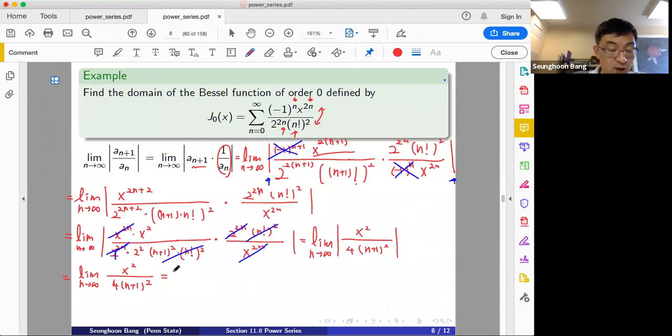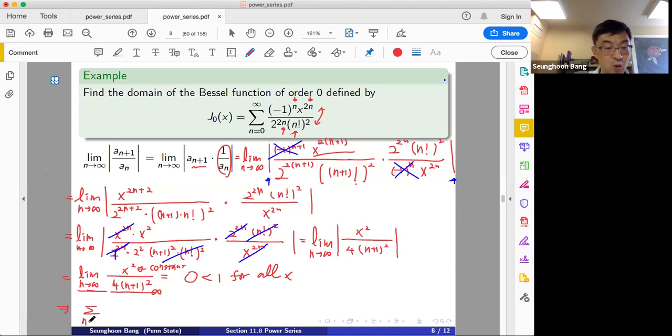X squared is like a constant. As n approaches infinity, 4 times (n plus 1) squared goes to infinity. A constant over infinity is always 0, always less than 1 for all x. So what does it mean? The Bessel function is convergent for all x. That's it. This is the idea.